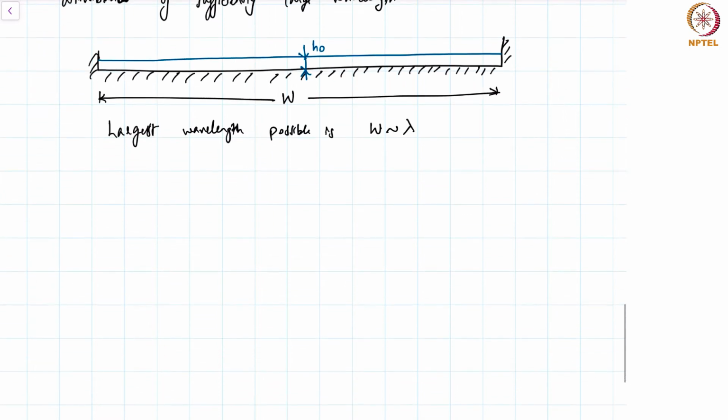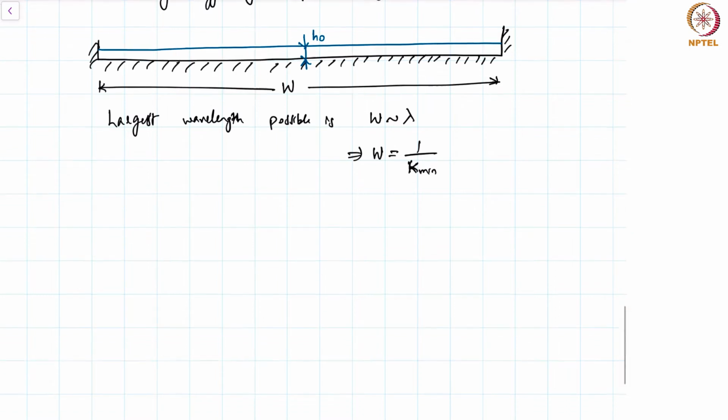You cannot have a wavelength larger than the size of the container. In other words, W, the size of the container, will set the value of the smallest wave number k that we have. We cannot have a wave number k smaller than this value. Okay, so that's a lower cutoff.